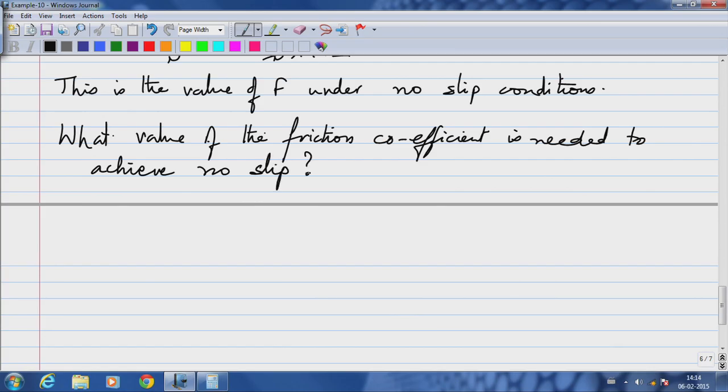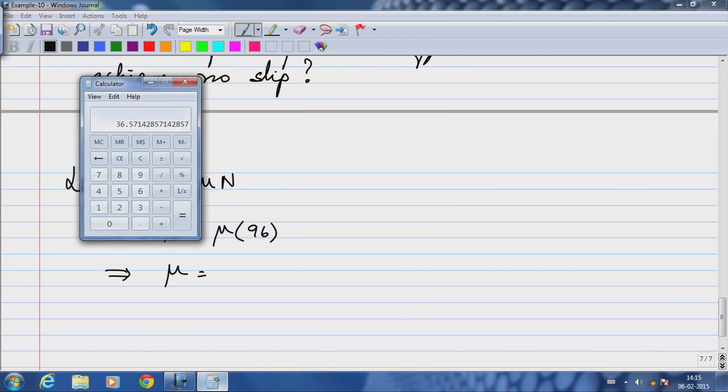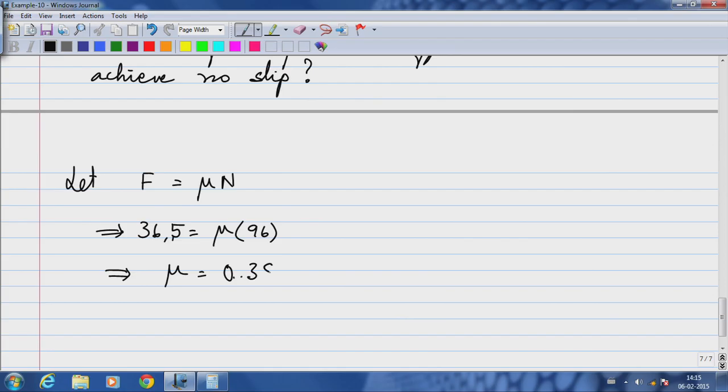If I ask this question, then what I need to do is relate this f to mu times the normal reaction. So, I will say let f equal mu times the normal reaction. So, 36.5 equals mu times 96. We already calculated the normal reaction n to be 96. So, from here I can calculate mu to be approximately 0.38.